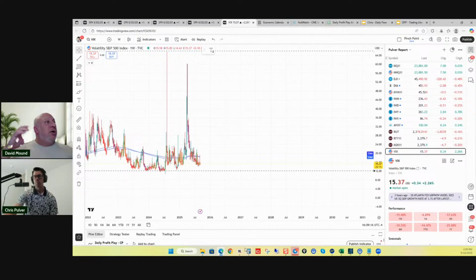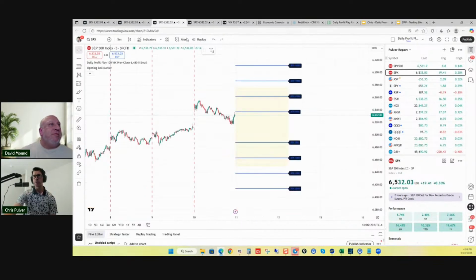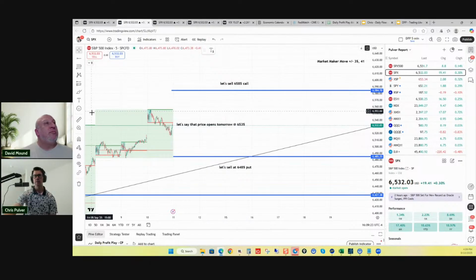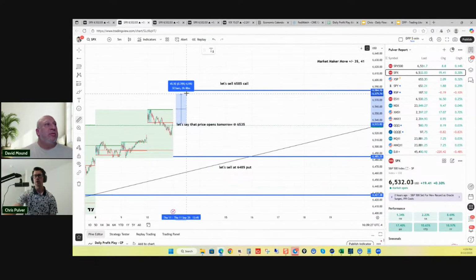So right. What I'm looking at is, let me measure it this way. So if we go out here, let's say we open at 65.35 and we're doing market maker moves. That's allowing the market to have a plus move of about 0.75 to 0.77, give or take, right? So if I wanted to put in another boundary, let's go 0.96%. 0.96% puts us up to around 65.94.